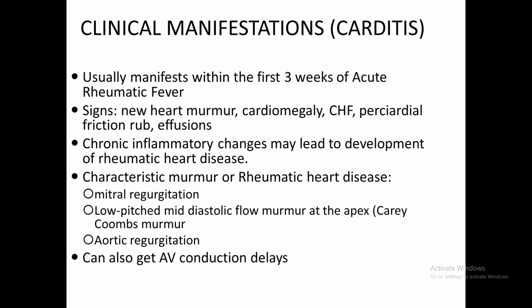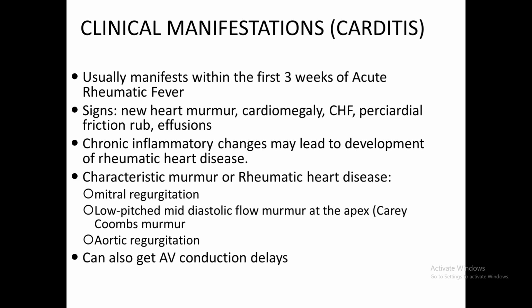As far as carditis is concerned, I already mentioned that it usually manifests within the first 3 weeks of acute rheumatic fever. A new heart murmur occurs at the mitral area. It is the inflamed mitral valve, and it is called the Carey Coombs murmur.